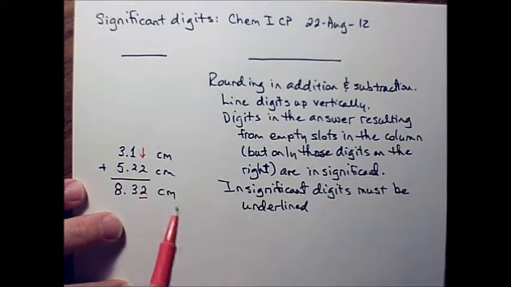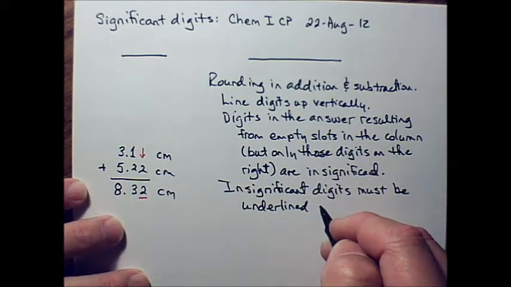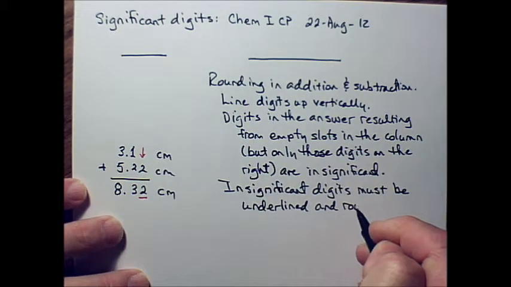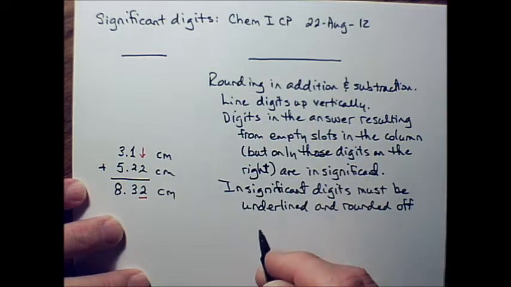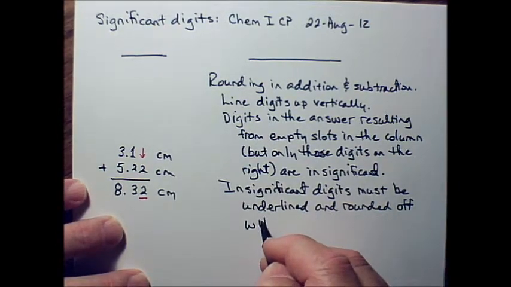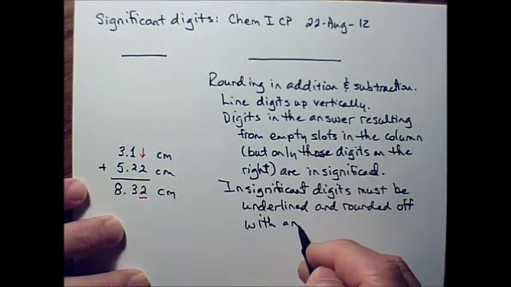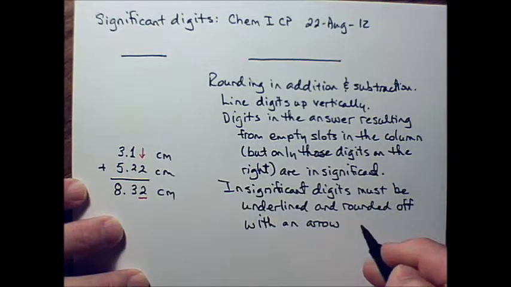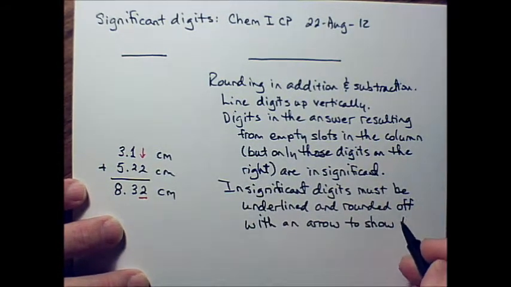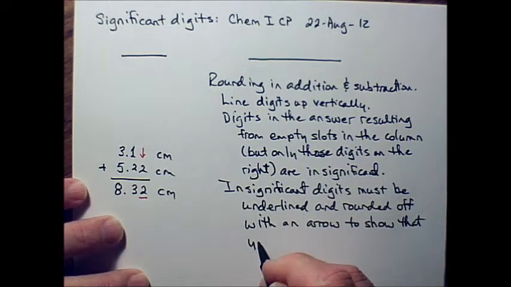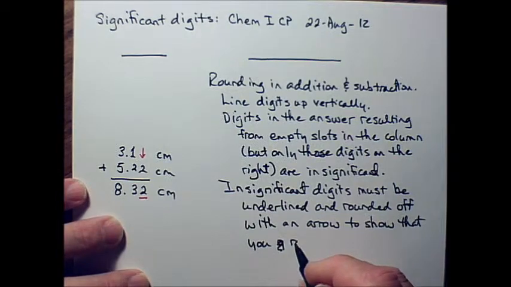In this case we only have one. Insignificant digits must be underlined and rounded off with an arrow to show that you rounded.